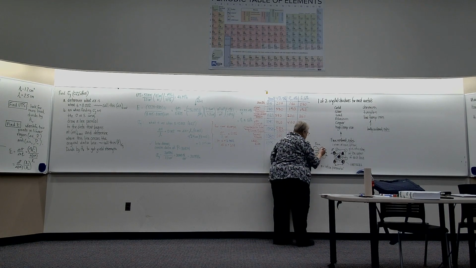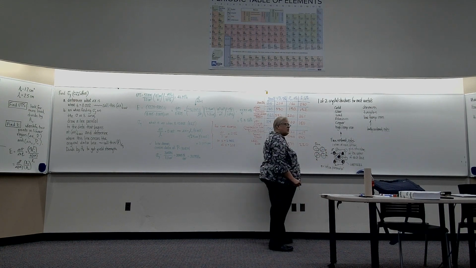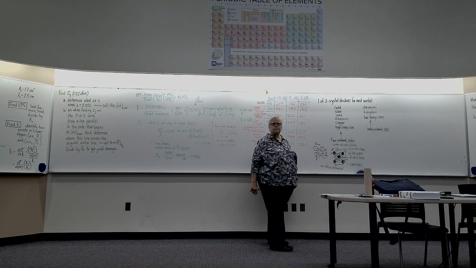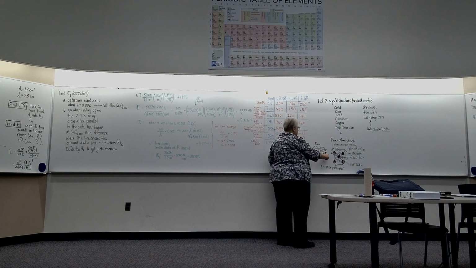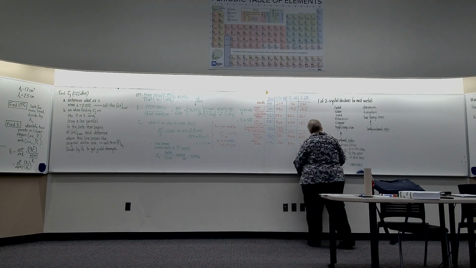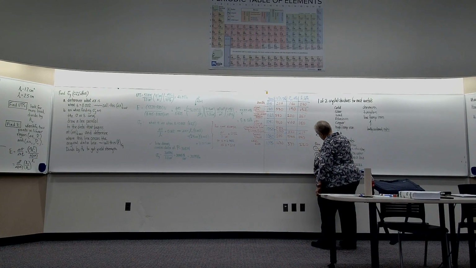And I can see that along this diagonal, those atoms are touching. And I know that's A, and that's A, so this length is... sorry, A over the square root of 2.